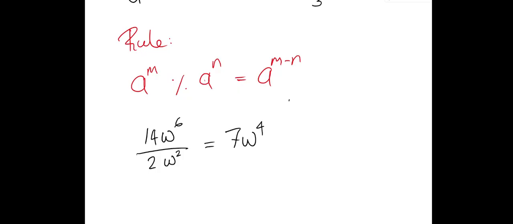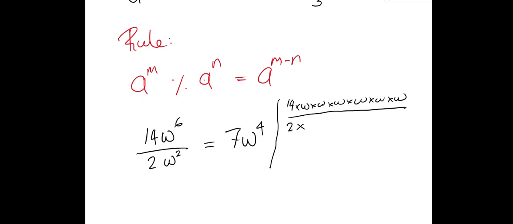If we wanted to expand it, let's put a little line there. 14 times w times w times w times w times w times w. How many is that? 1, 2, 3, 4, 5, 6 of them. Over 2 times w squared, w times w. It's going to cancel, it doesn't disappear, it just becomes 1.